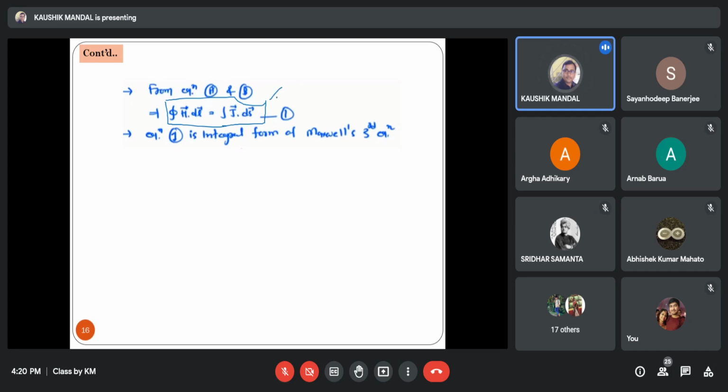Basically both are equal to I, so it is H dot dl and J dot ds. Directly from Ampere's circuit law, if you correlate it with the basic equation of current, I equal to J dot ds, that will give you the integral form of Maxwell's equations.